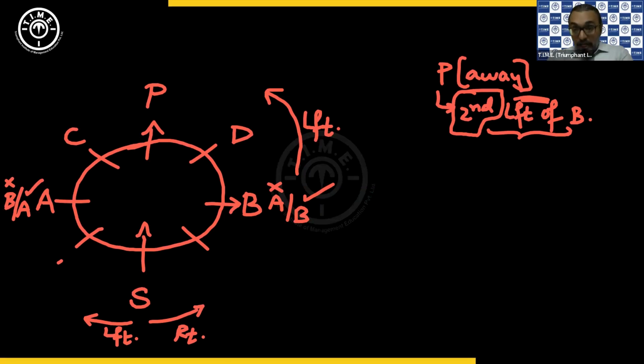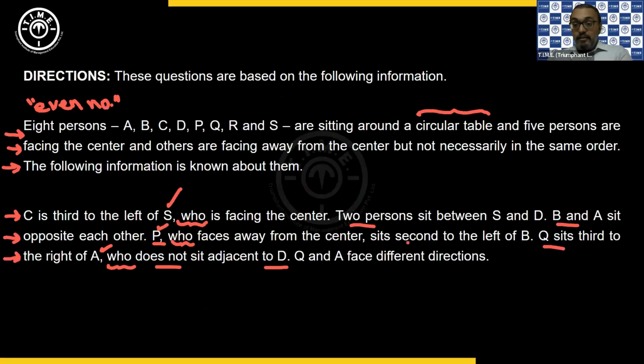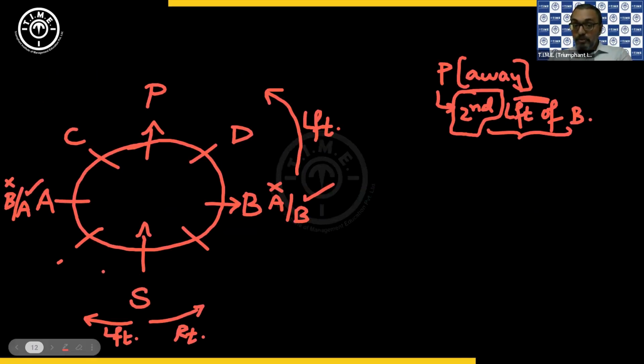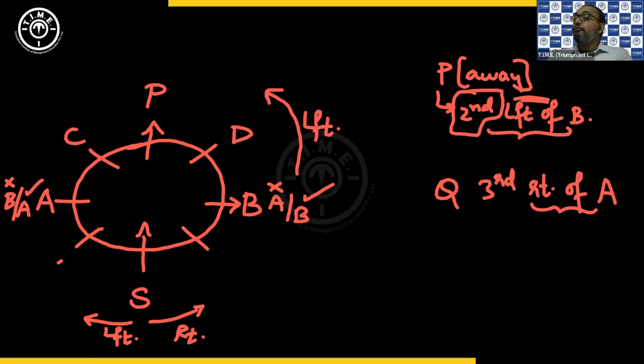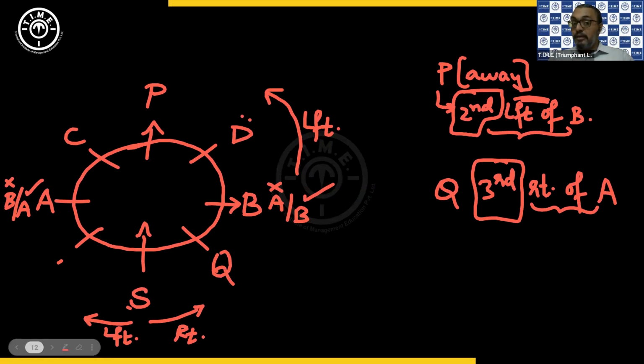Now again, the next condition was Q sits third to the right of A. Don't worry about the left or right. Look at the position. Q should be in the third position from A. In the clockwise direction, you already have D. So I have to take the anti-clockwise direction, then put Q in between S and B.